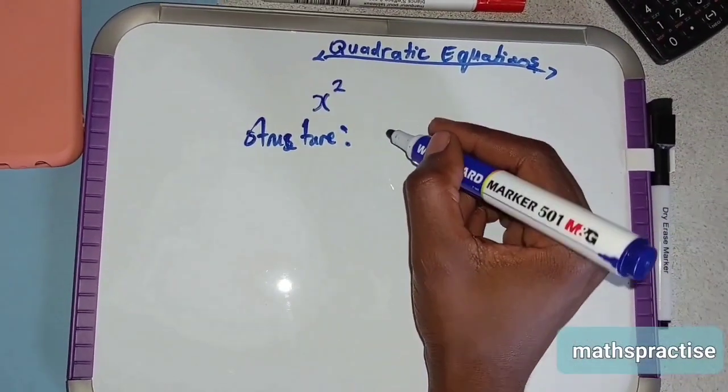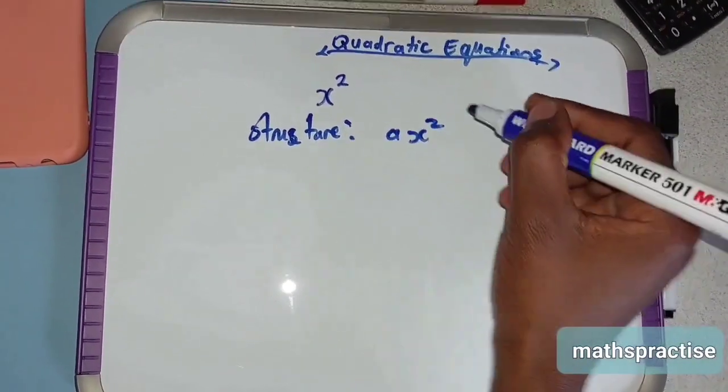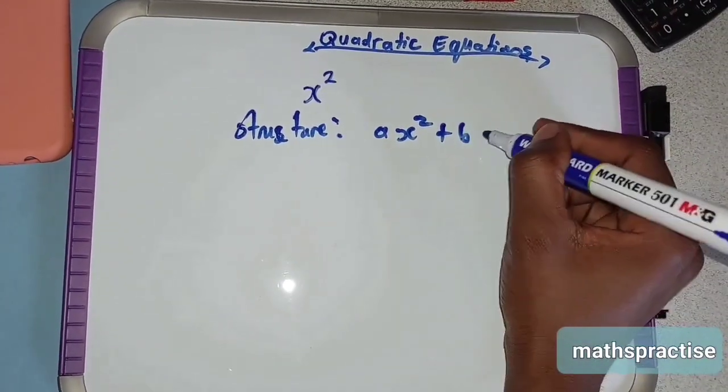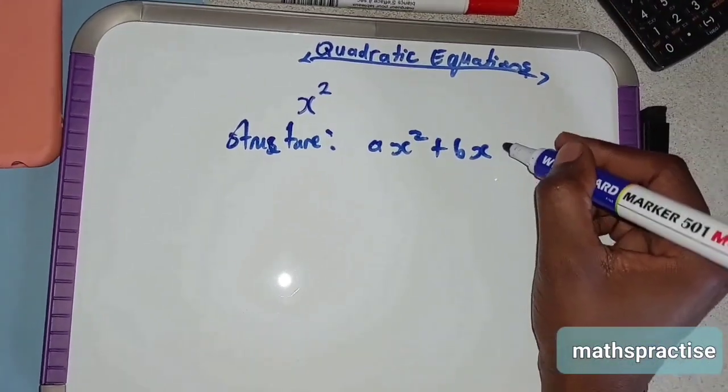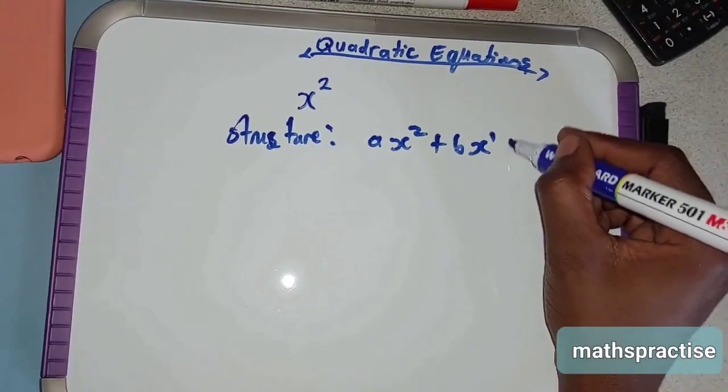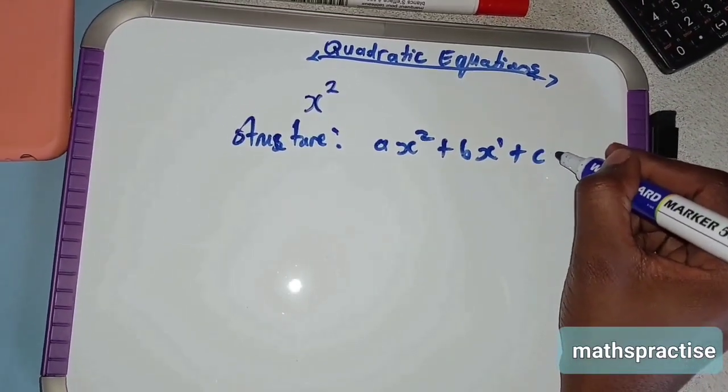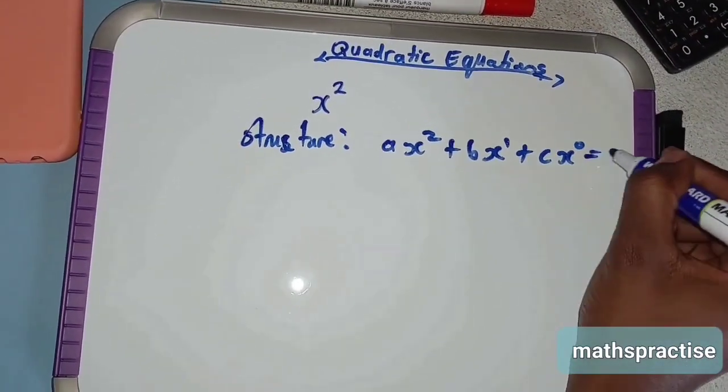So it will be ax squared plus bx to the power 1 plus c x to the power 0 is equal to 0.